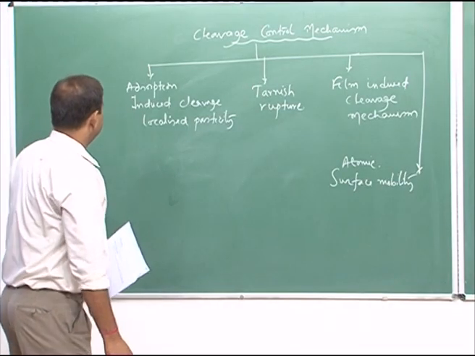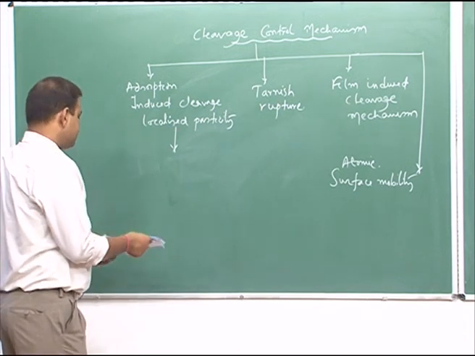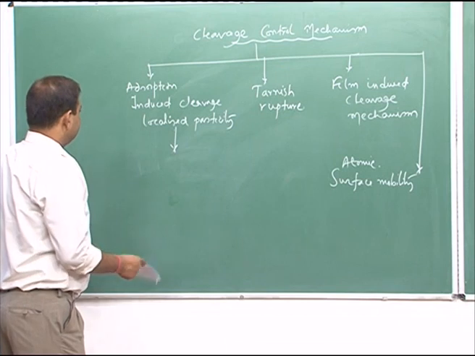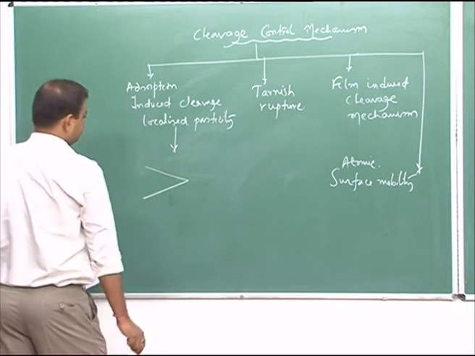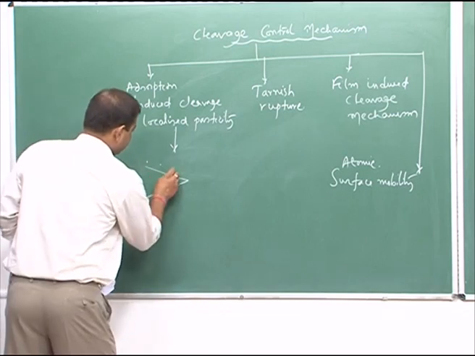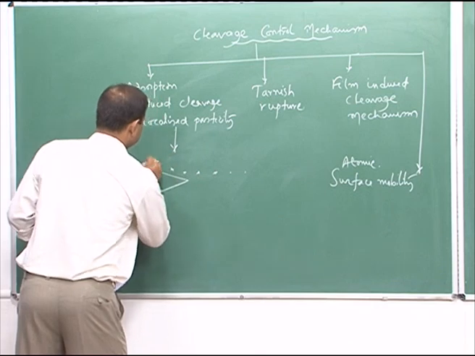So, in case of adsorption induced cleavage, localized plasticity, there are many species. For example, you have a crack like this and the atoms are arranged like this. These are the atomic arrangement in the material.